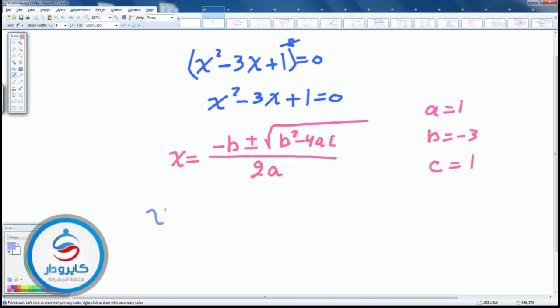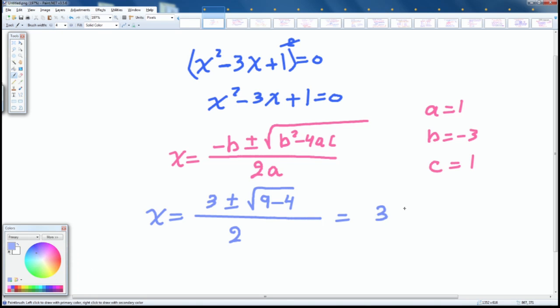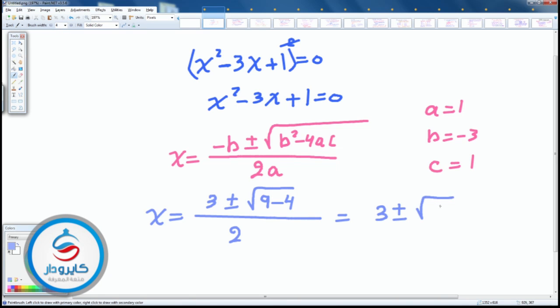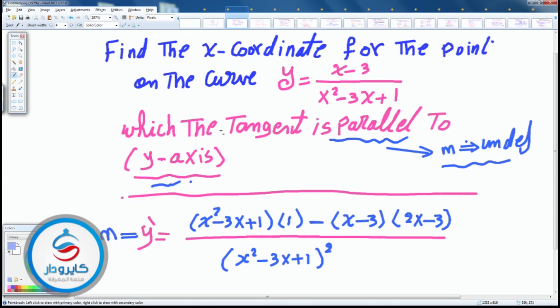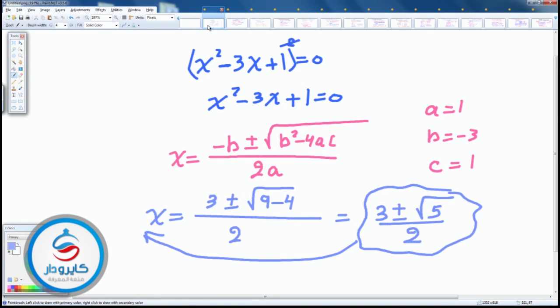Now make the substitution. x will be positive 3, positive or negative square root of 9 minus 4 times 1 times 1, over 2 times 1. That will be 3, positive or negative square root of 5, over 2. This is the value of x, and the question was to find the x coordinate only. He hadn't asked about the point, only the x coordinate, so this is the final answer of the problem.